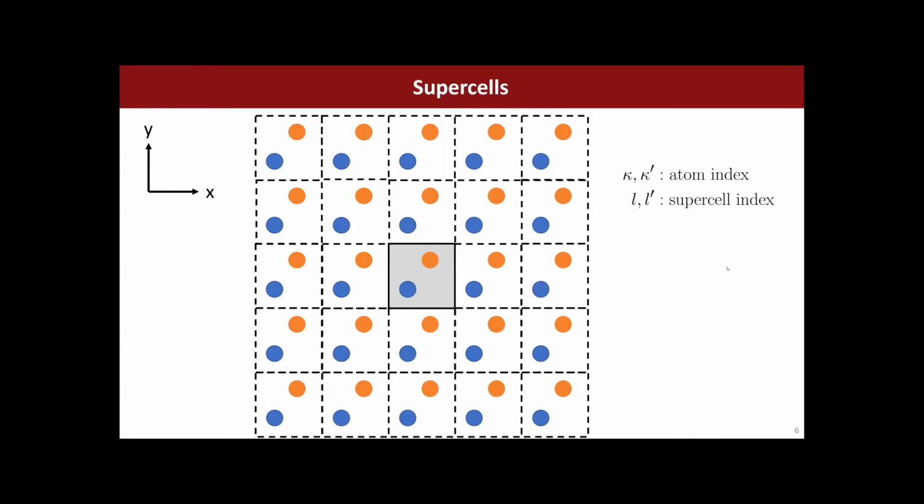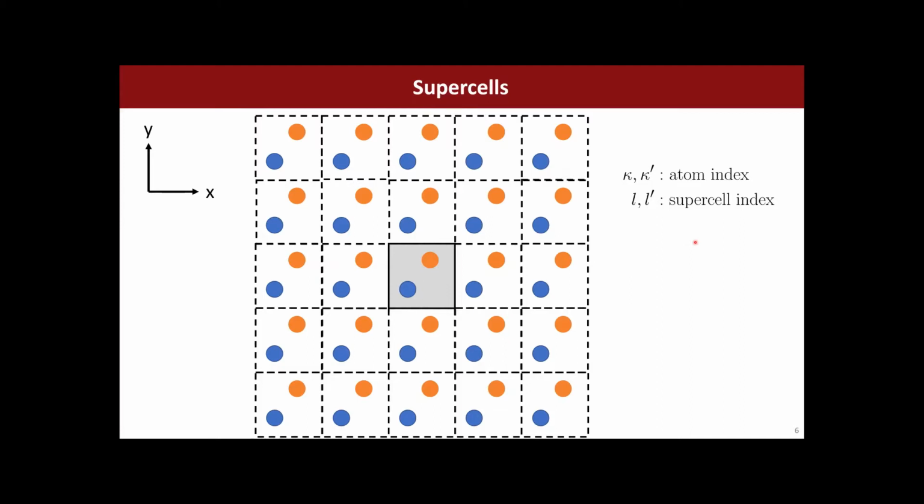Let's assume we have just some arbitrary unit cell, and a supercell is really just a replication along its unit cell axes. So here, if we stopped displaying our crystal along this line, this would be the supercell of the unit cell here shaded in gray.